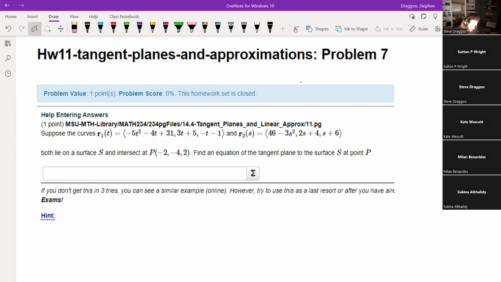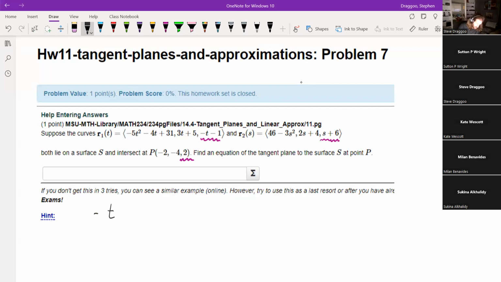Looking through the X, Y, and Z components I've got for T and S, I notice that the Z component of each is particularly simple. I have negative T minus 1 and S plus 6. Those are both linear equations, and I need them to be equal to 2. So I will just solve for each of those numbers real quick.